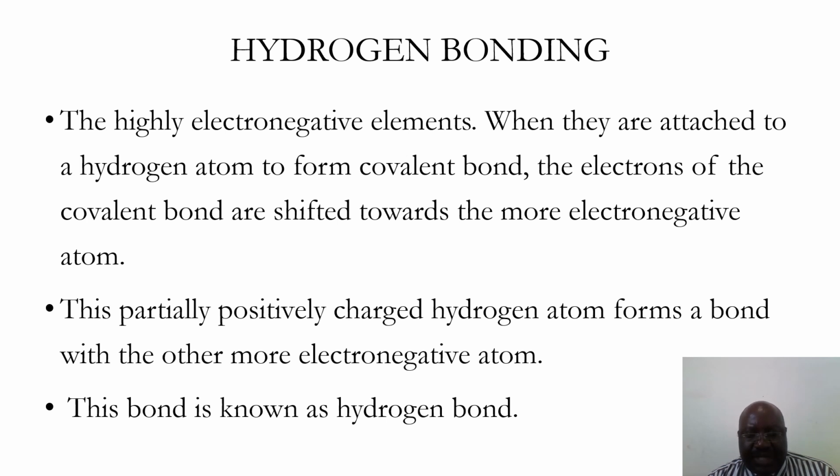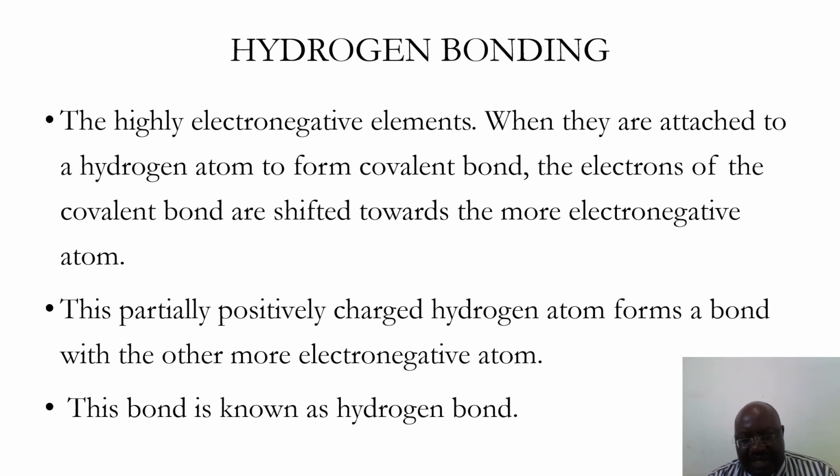And earlier on we said that therefore hydrogen will tend to have a deficit in electrons. Therefore it tends to acquire a partial positive charge, and the oxygen acquires a partial negative charge. For that matter, the electrons of the covalent bond shift towards the more electronegative atom, in this case oxygen.